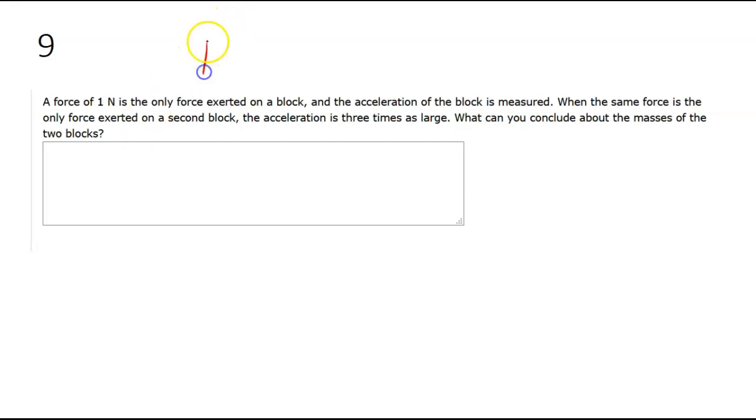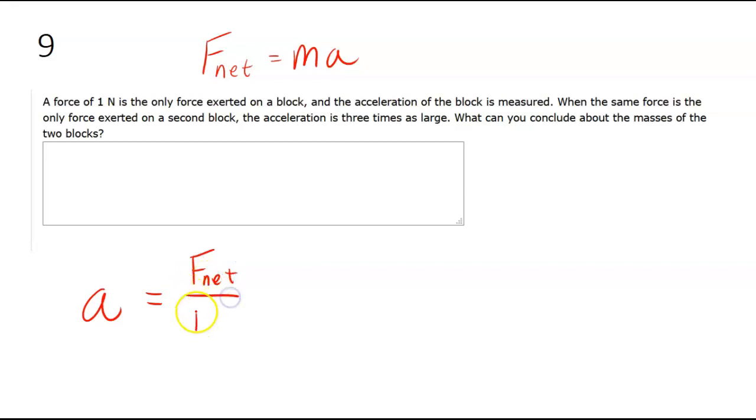Again, we're thinking about the proportionality of our net force equals mass times acceleration, or we rearrange that and we look at acceleration is equal to the net force divided by mass. You can see that our acceleration is directly proportional to the net force, inversely proportional to the mass.